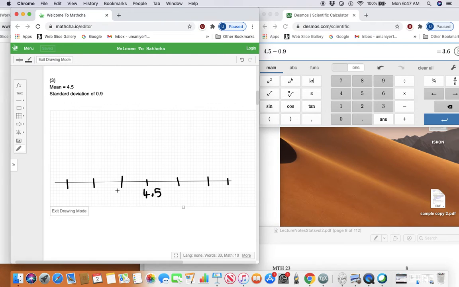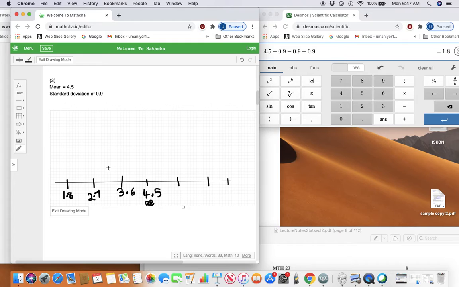If I go one more standard deviation to the left, I get 2.7. If I take away one more standard deviation from the mean, I get 1.8. So these are all the numbers starting from the mean, that is mu.